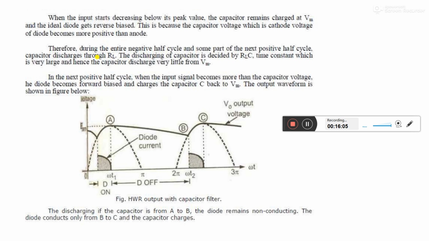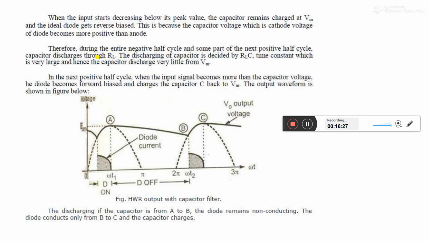Therefore, during the entire negative cycle and some part of the next positive cycle, the capacitor discharges through the load resistance. In the next positive half cycle, when the input signal becomes more than the capacitor voltage, the diode becomes forward biased. Again the capacitor starts charging up to its maximum value, that is Vm.